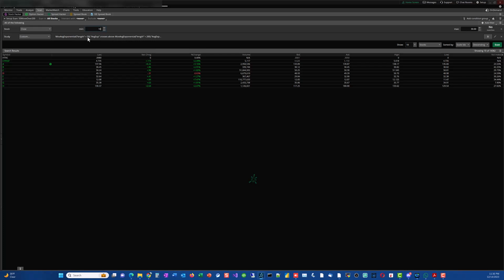So when the 50 crosses above the 200, find me all the stocks that are between $10 and $30, and I want this 50 to 200 day cross on the daily chart. So that's my criteria: between $10 and $30 on a daily chart when the 50 crosses above the 200.